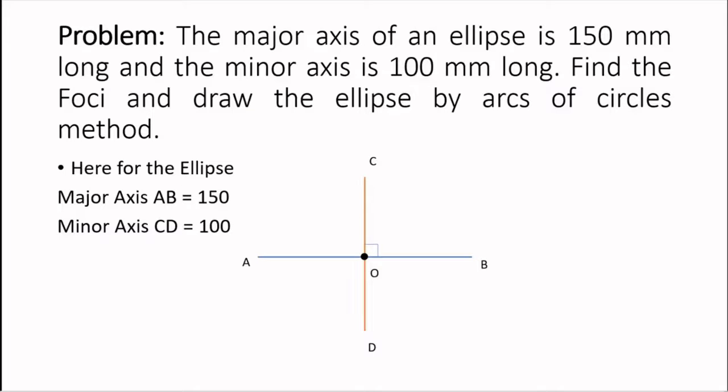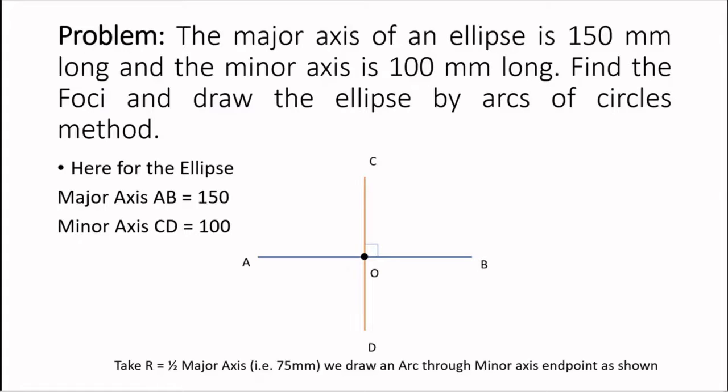axis. Now for the arcs of circle method, we need to locate the foci. This we do by taking half the major axis. So we take a radius R equal to half the major axis, and half the major axis is 75 mm, that is half of 150, and we draw an arc through the minor axis endpoint as shown.